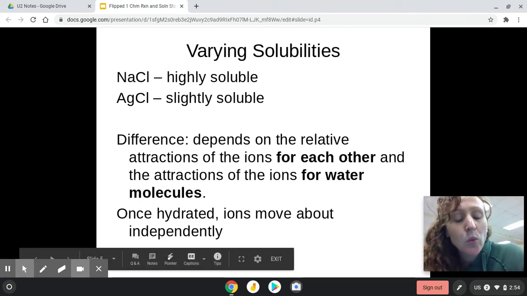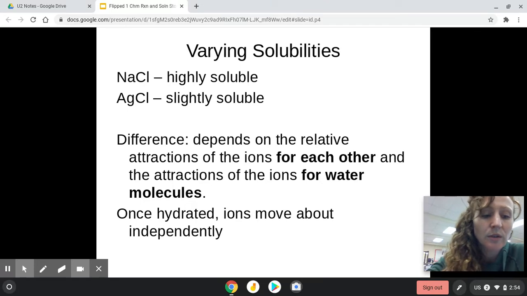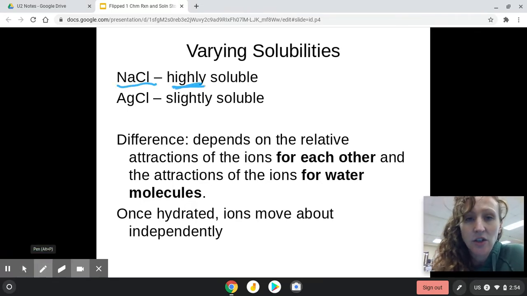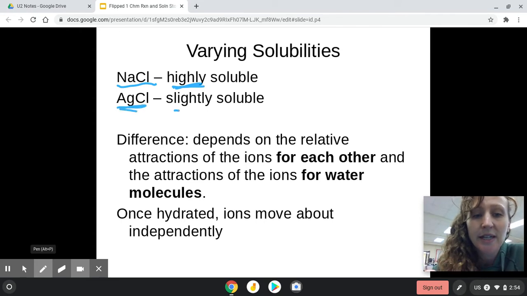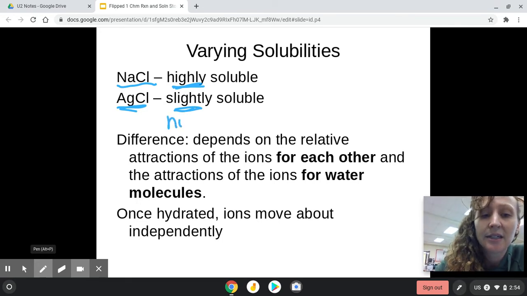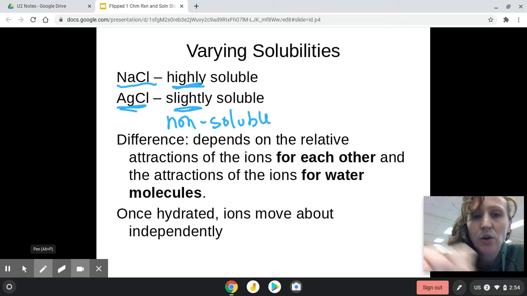When we are describing salts and dissolving salts into water, there are differences in solubilities. Sodium chloride is considered a highly soluble salt. Silver chloride is considered a slightly soluble salt. And there are other salts that are considered to be non-soluble salts as well.